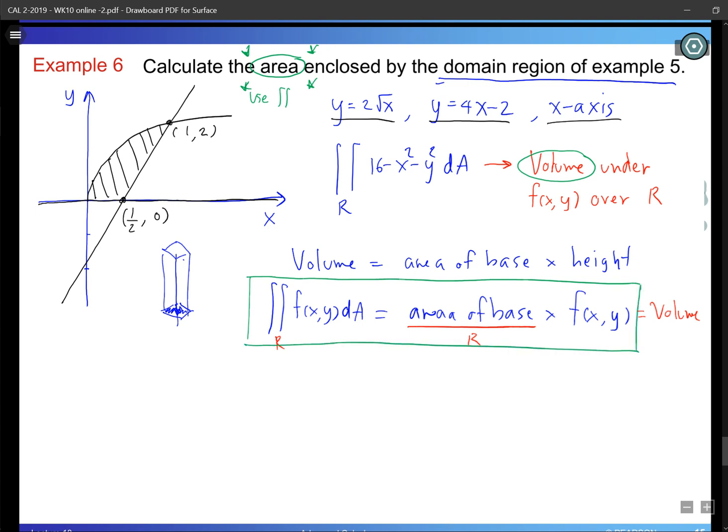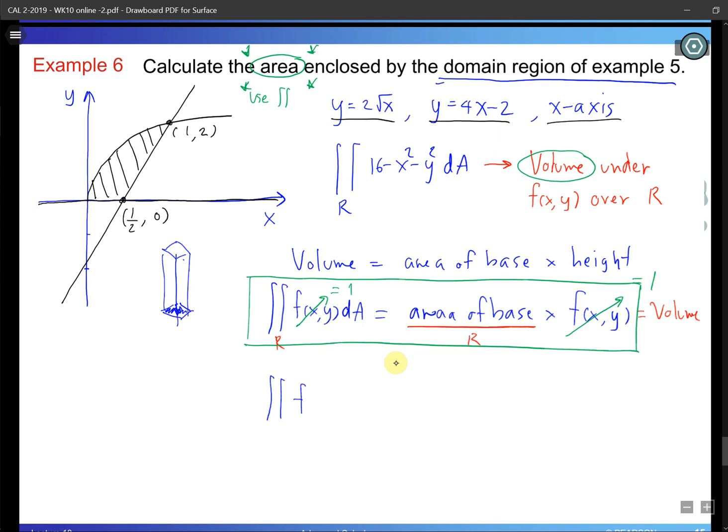Alright, so let's take a look at this green box. What if I set the function value here to be equal to 1? And if this f(x,y) is equal to 1, it means that the other side has to be equal to 1 as well. So if we do something like this, what's going to happen? On this side, this is going to be the double integration of f(x,y).